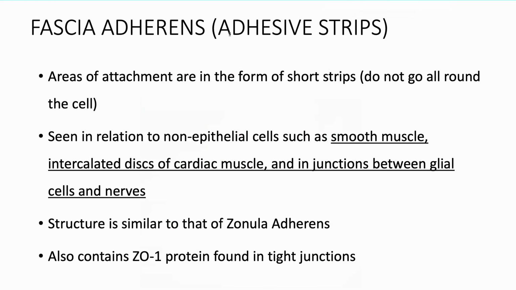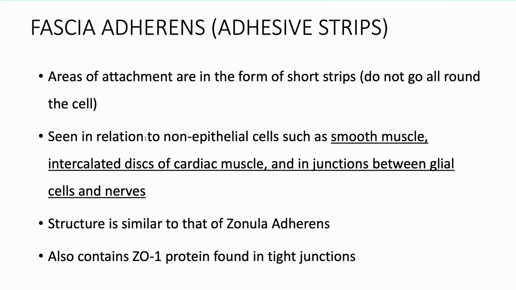The next group of anchoring junction will be the fascia adherens or adhesive strips. Basically, zonula adherens was a continuous structure all around the cell, but in the case of fascia adherens, these areas of attachment are in the form of short strips. They do not go continuously all around the cell, and the location of fascia adherens is also different.